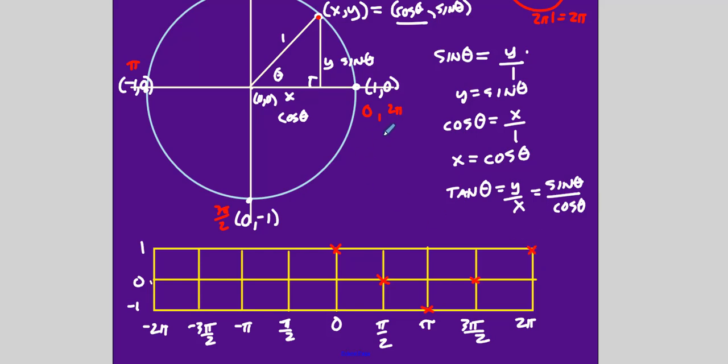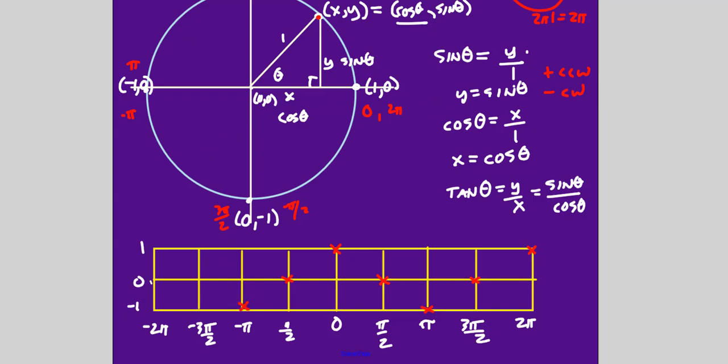And you could then go a negative rotation. This would be negative pi over 2. So cosine of negative pi over 2 is 0. So that puts me at 0 right here. Then coming a half turn in the clockwise direction, that's negative pi, and cosine of negative pi is -1.